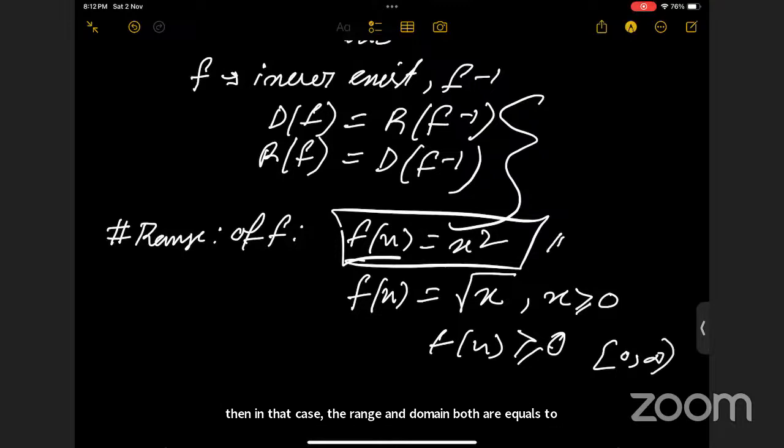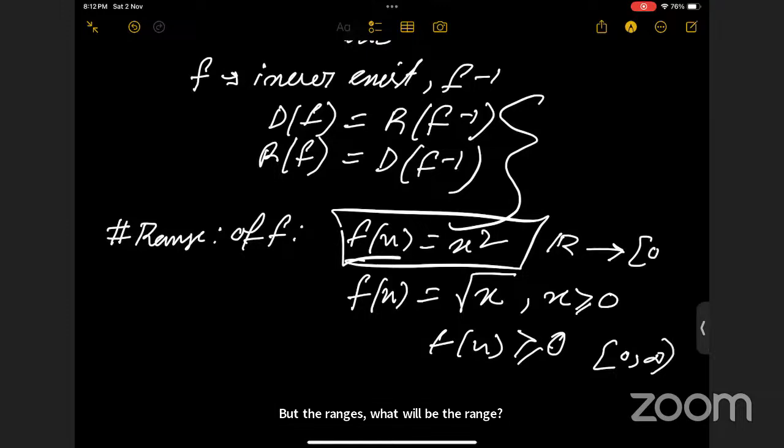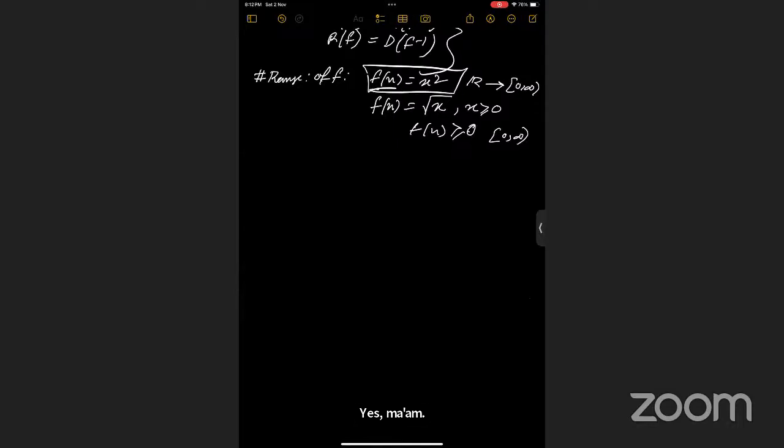And for x squared, the domain is clearly R, but what will be the range? Only the positive portion of the real line, that means 0 to infinity, because if you take any negative number and square it, we get something positive.